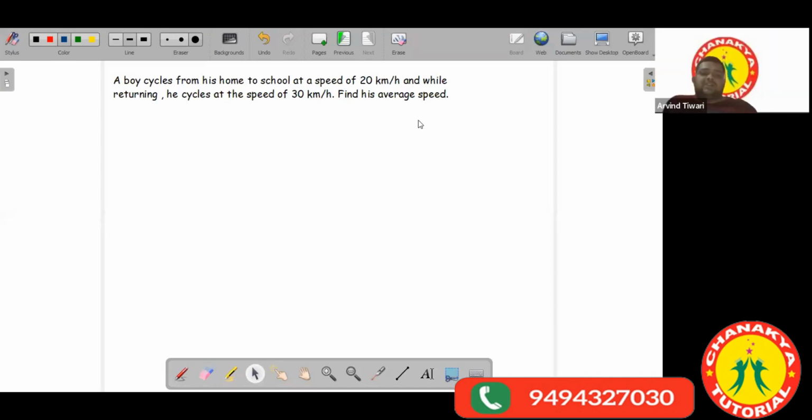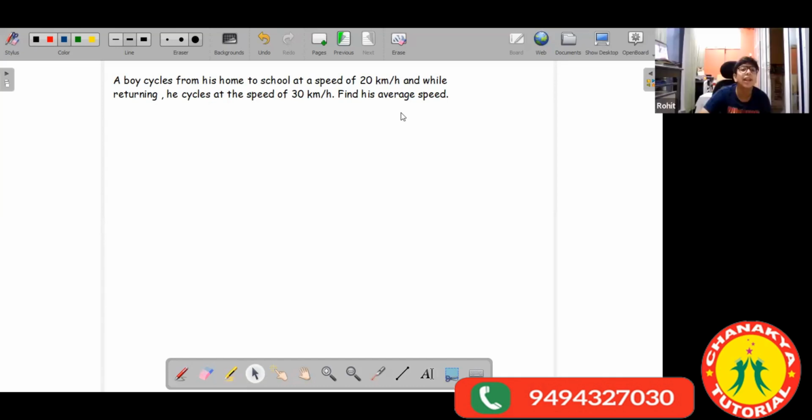Okay, Rohit, your answer is correct. Very good, Rohit. Akshara, what about you? In this kind of question, we take both the distances as X, right?